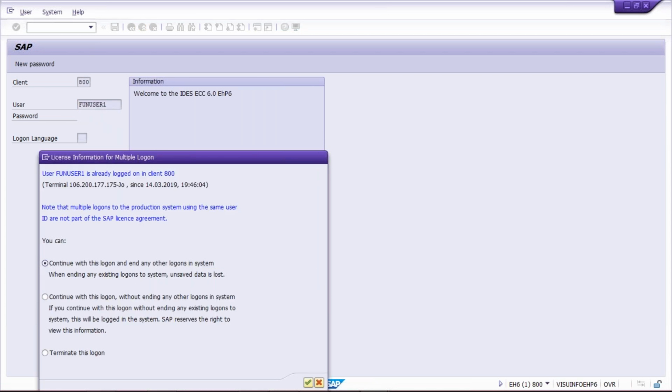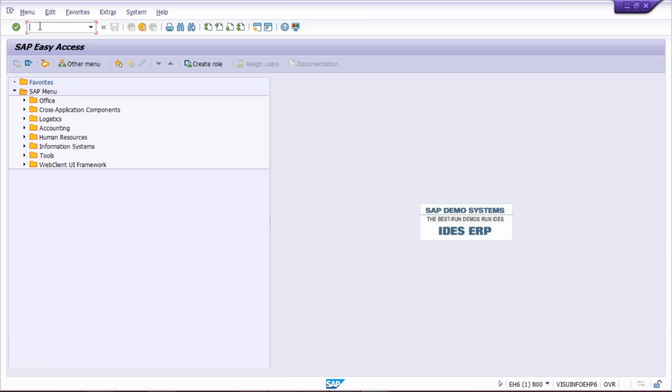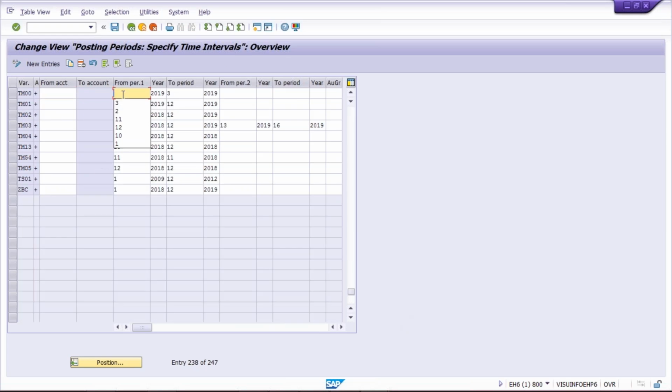And April is the first period, because from April onwards a new year starts for all these Indian organizations. So use OB52 once again, click on Position, give your posting period variant TM00, and here give the 12th period.